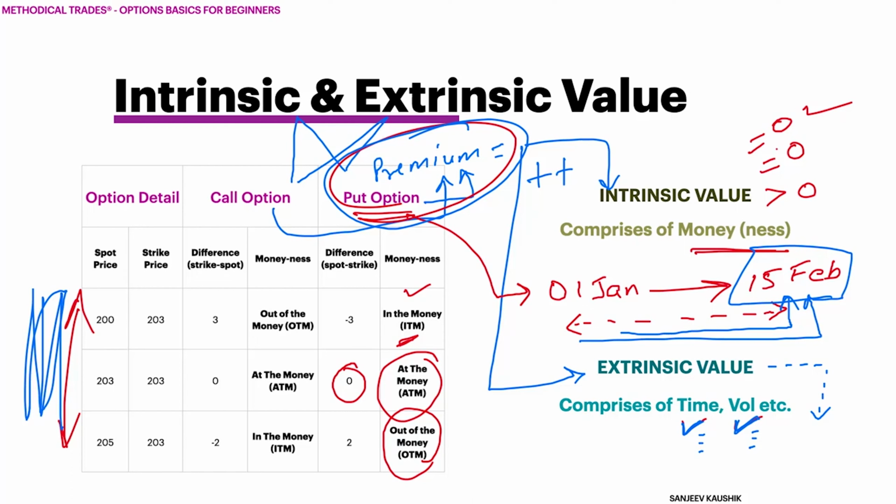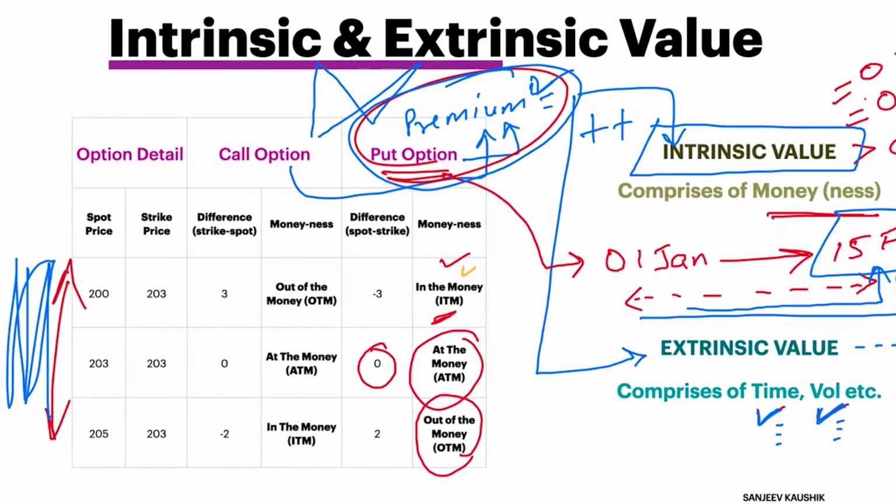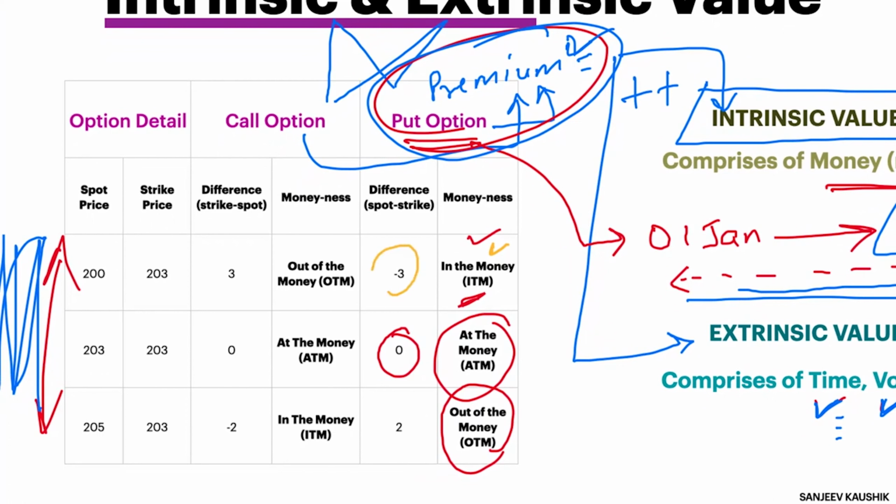You don't really see wild moves on an asset for most of the days anyway, right? So as we approach the expiry, it's only the intrinsic value of the asset that remains in the premium pricing and the extrinsic value goes to 0. Therefore, on 15th of February, if this is an in the money option, its value would be $3 and the value of at the money option would be 0.